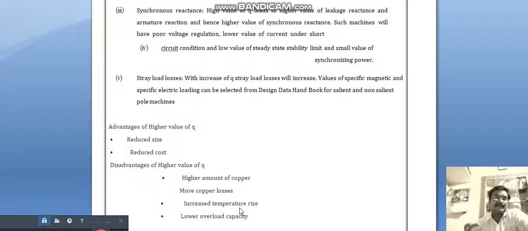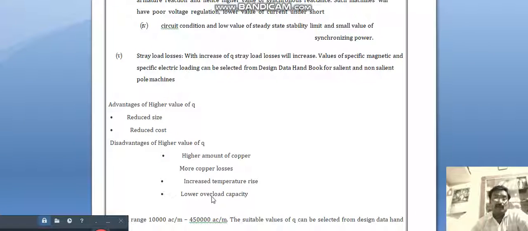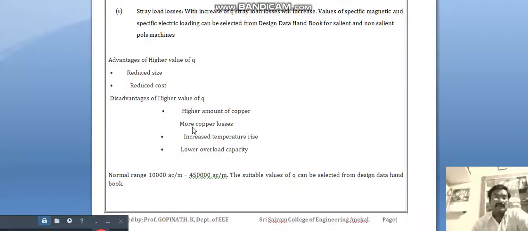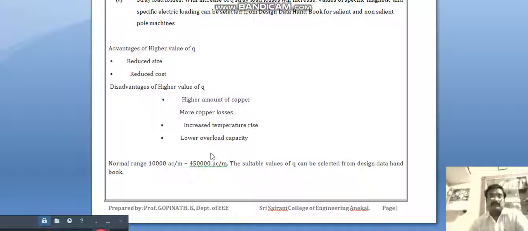So if specific electric loading is more, the temperature rise also will be more. Lower overload capacity: the overload capacity will be reduced if you go for a high value of specific electric loading. Normal range, 10,000 AC per meter to 45,000 AC per meter. The suitable value of Q can be selected from the design data book. Thank you.